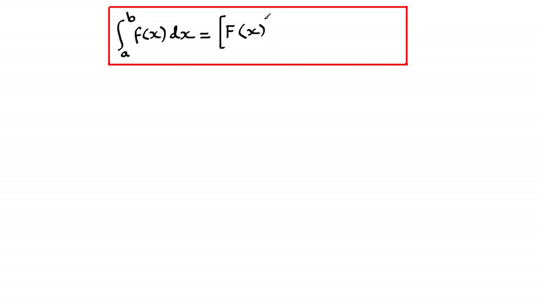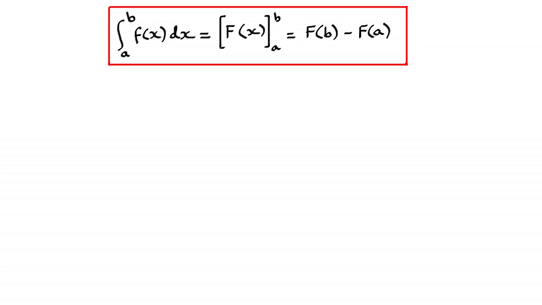I'll show you what this means in a moment, and we write our limits a and b on the end here. And so what this means is that we next put b in place of x, we work out F of b in other words, and then we subtract F of a. So you get this result here, F of b minus F of a.